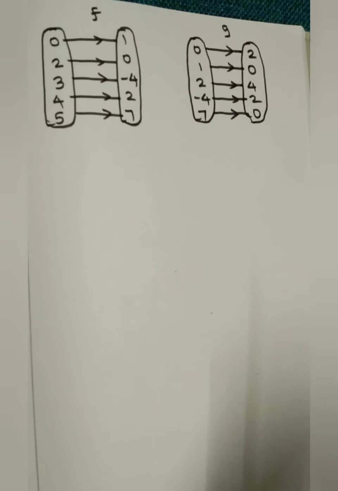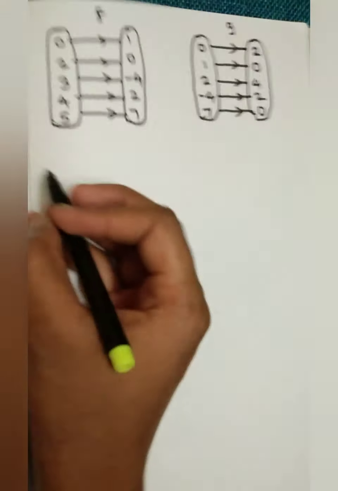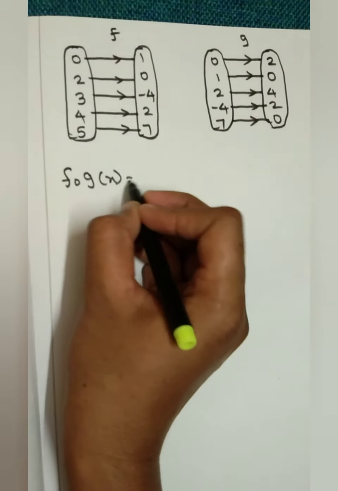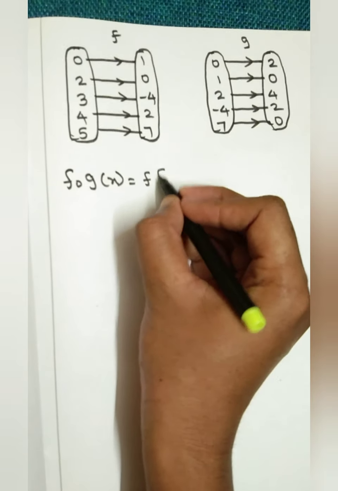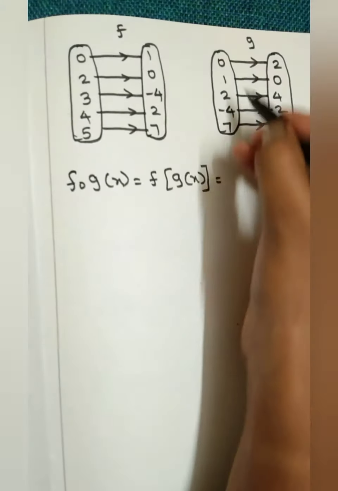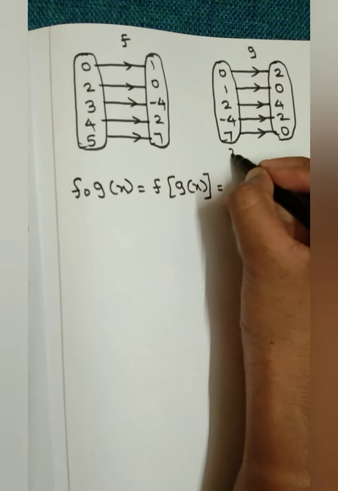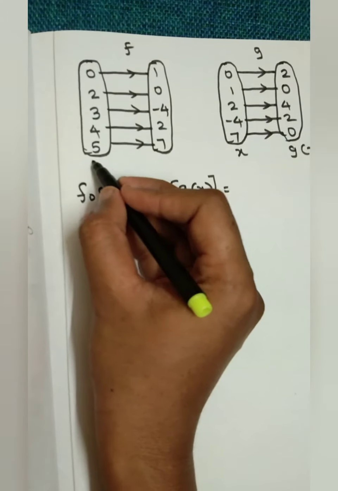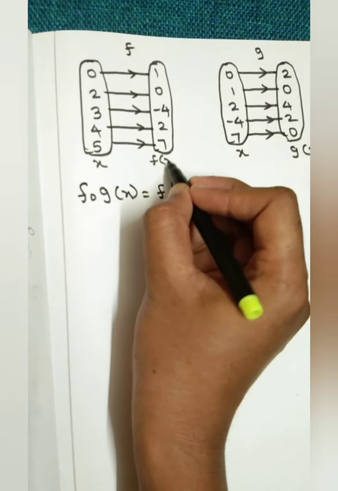Now my question is to find the range of f dot g. So f dot g of x can be written as f of g of x. In the function g, this is my x value and this is g of x. Similarly, in the function f, this is x and this is f of x.